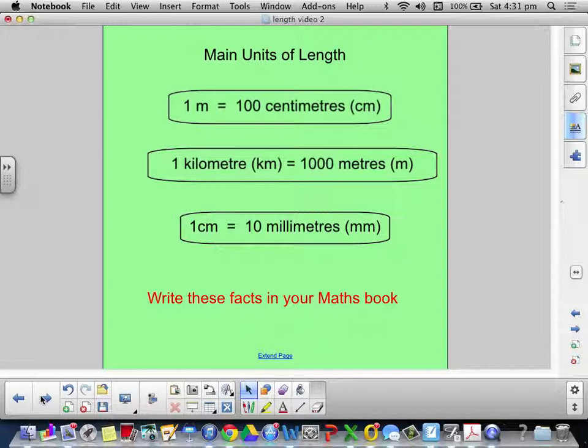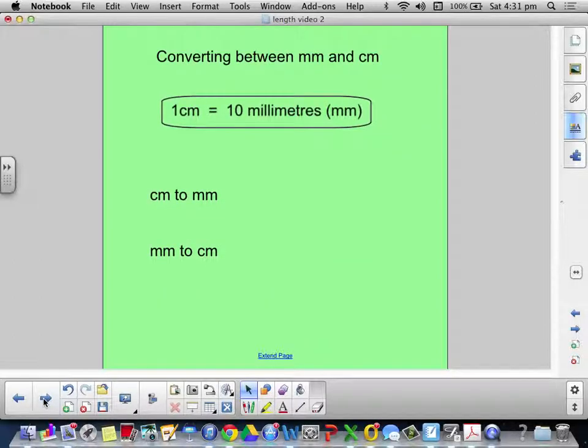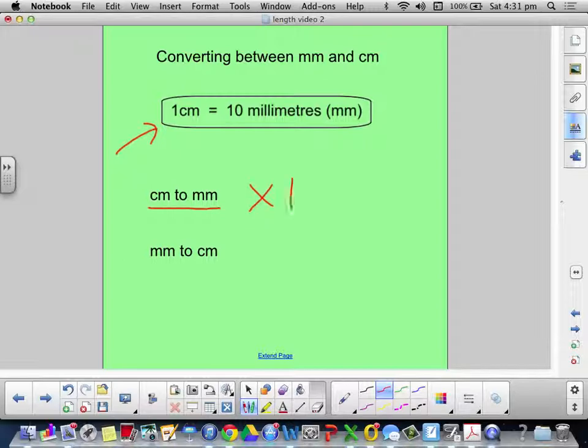We're going to look now at how to convert between millimetres and centimetres. So there's the big fact that we need to know right here. 1 centimetre is the same as 10 millimetres. So that means that when we are converting centimetres to millimetres, we are going to multiply by 10 because there are 10 millimetres in every centimetre.